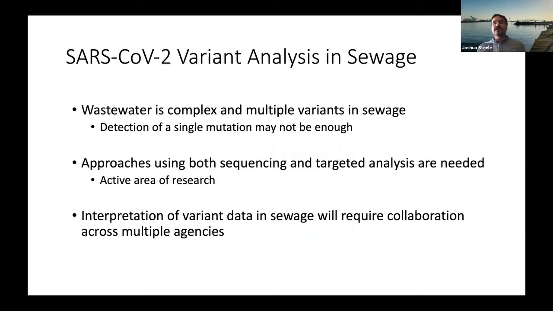So really quickly, I'm going to touch on variant analysis. Variants are tricky because wastewater, as you just saw, is complex and noisy. In addition to its normal complexity, there should be multiple variants in the sewage most of the time. The virus is constantly mutating, constantly making new variants, and a single mutation may not be enough.